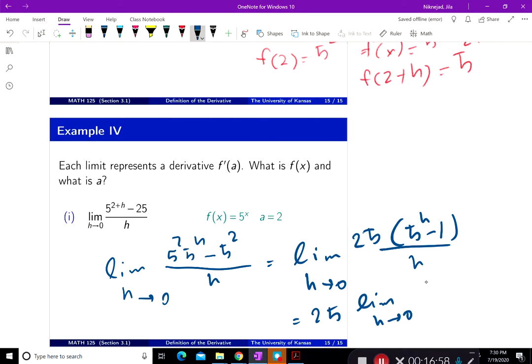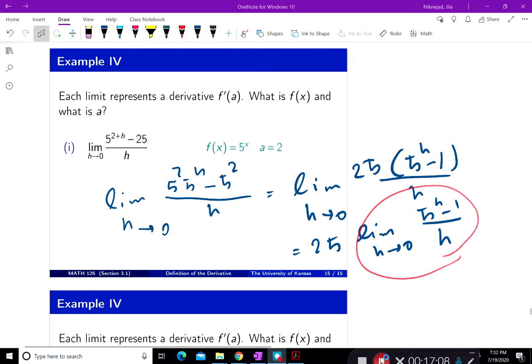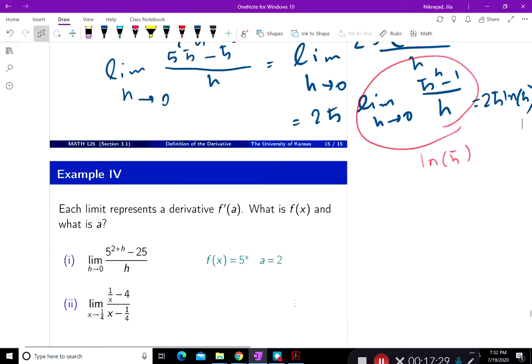For now, we want to learn that this limit is going to be equal to, and soon enough we will learn that this is going to be equal to the natural log of 5. So the entire thing becomes 25 natural log of 5. And we're going to have more discussion about this in later sections.